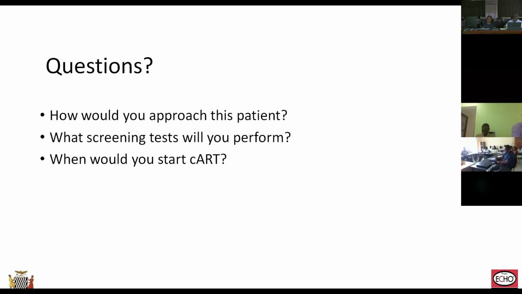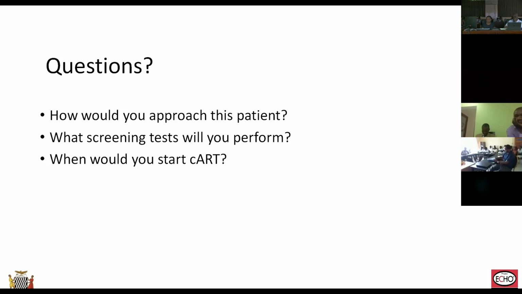So the first question from Mapalo's scenario, how would you approach this patient? That's the first question. Think through that question, and this proceeds with the next question. What screening tests would you perform?